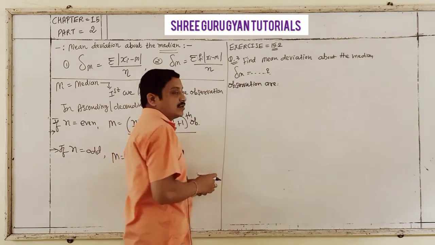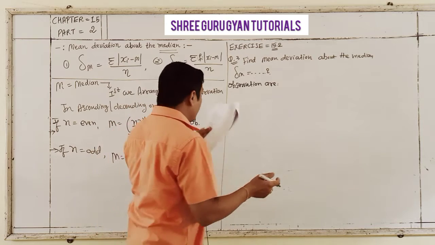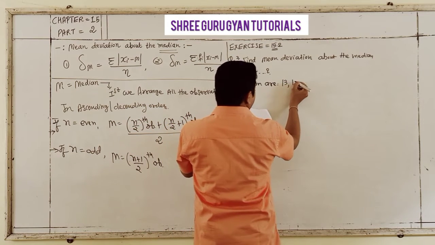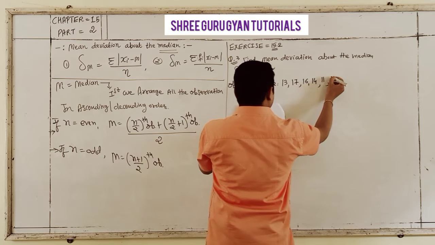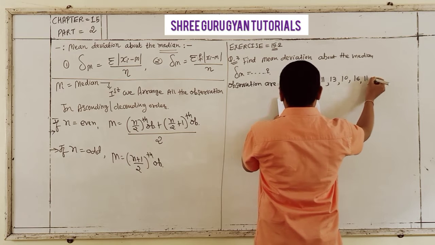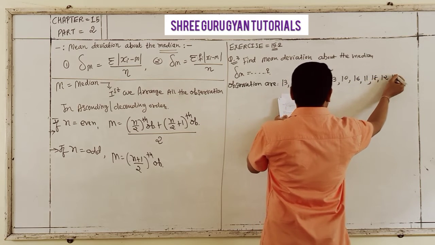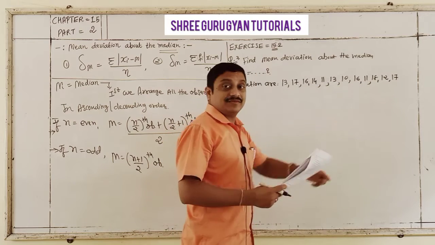First of all I write down my observations: 13, 17, 16, 14, 11, 13, 10, 16, 11, 18, 12 and 17. Counting 1, 2, 3, 4, 5, 6, 7, 8, 9, 10, 11 and 12.